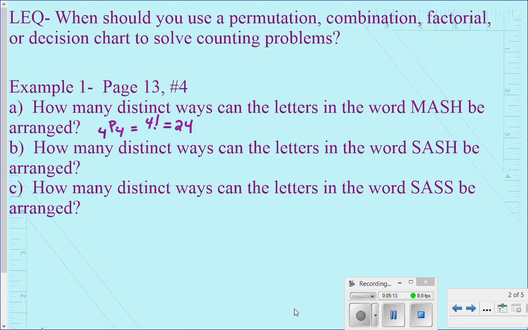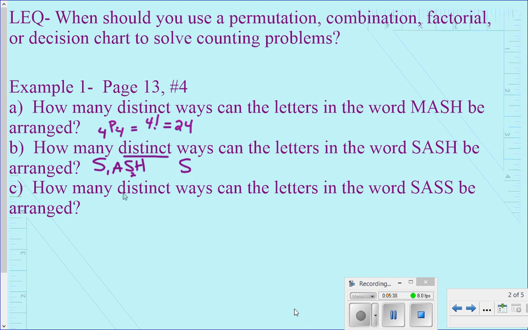Okay, and it mentions there on page 13 that the reason we need to use the word distinct is because there's two S's. So for a moment, I'm just going to call that first S, S1, and I'll call the second S, S2.